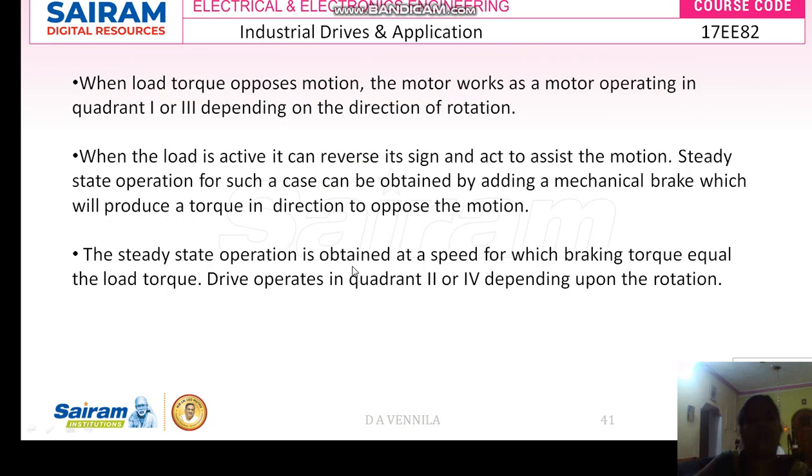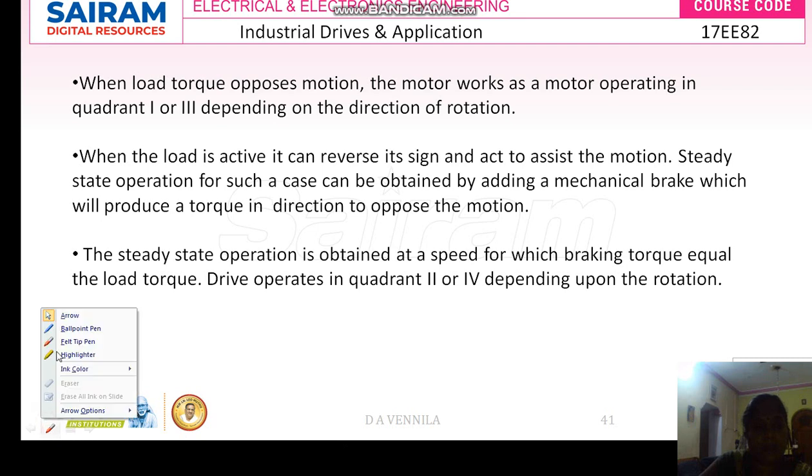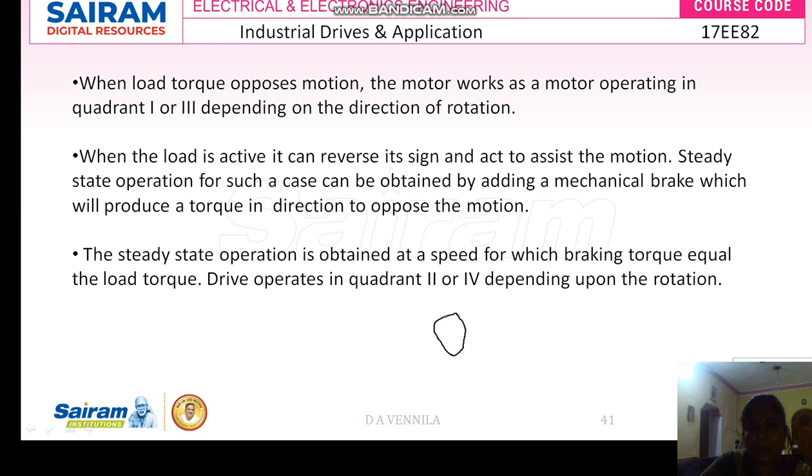Now, when the load torque opposes the motion, the motor works in motoring operation, as we have discussed in the four quadrant operation. During first quadrant operation, your motor torque will be in anti-clockwise direction, your speed is also in anti-clockwise direction, and your load torque will be in clockwise direction.